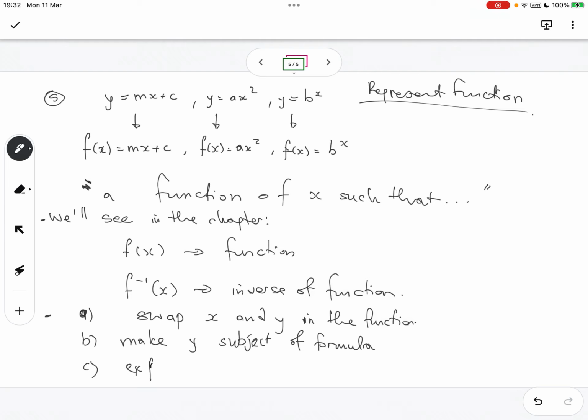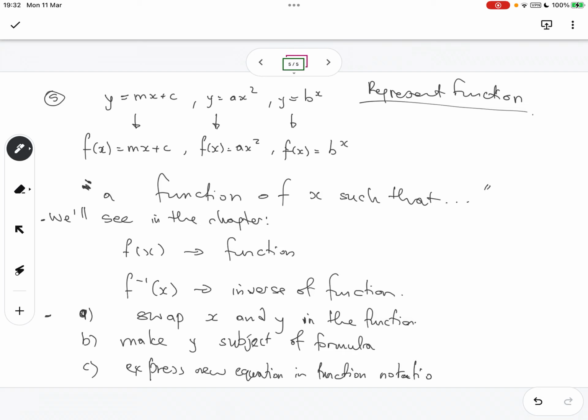Now, express the new equation in function notation. Right, so the equation of the formula, we're going to write it in function notation.